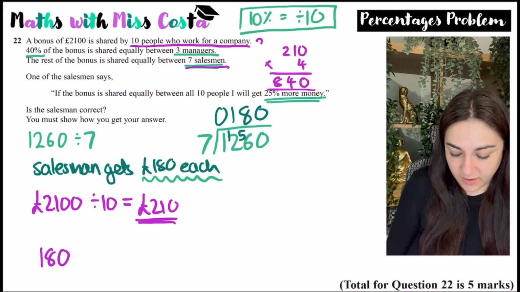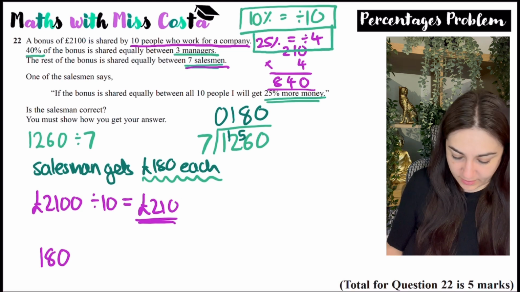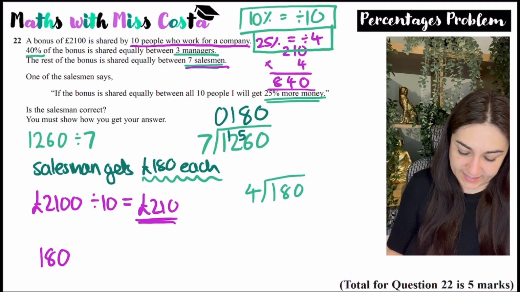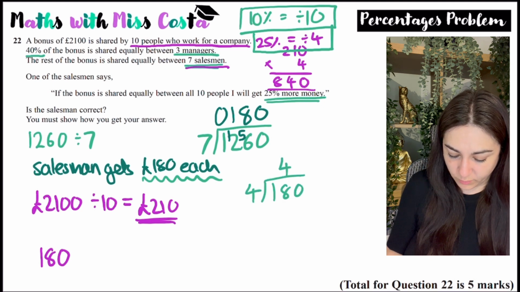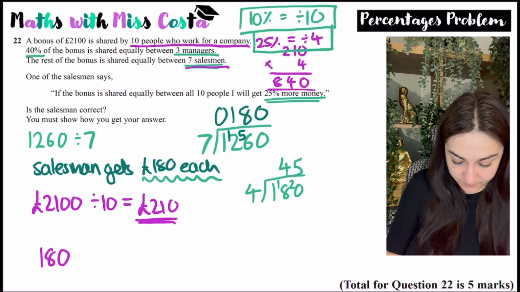So another shortcut to work out 25%, you divide by 4 because 25% is a quarter. So 180 divided by 4, 4 is into 18, go 4, remainder 2, 4 is into 20, go 5. So 25% more money would be £45.